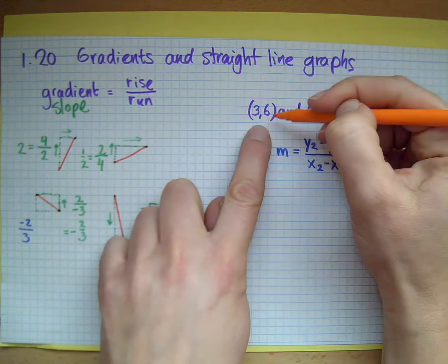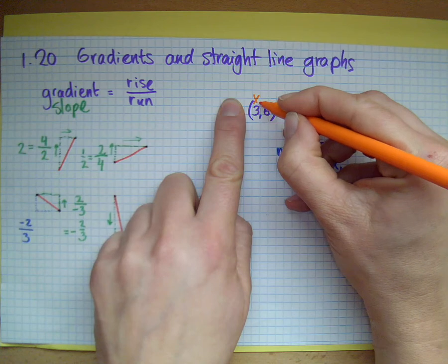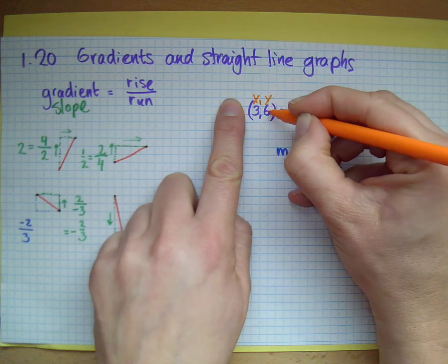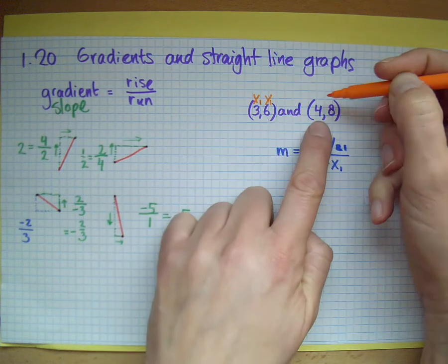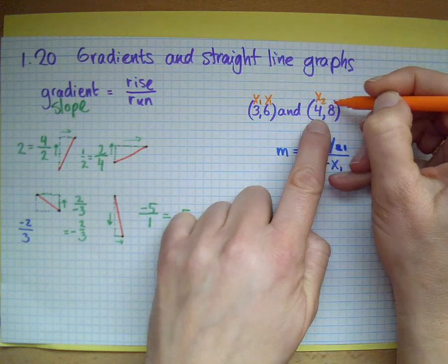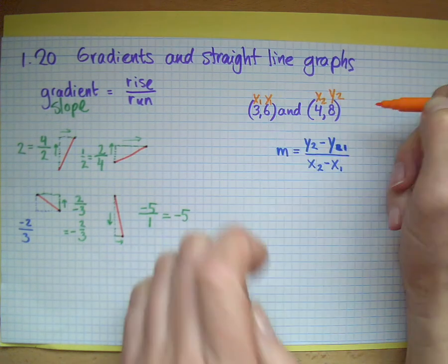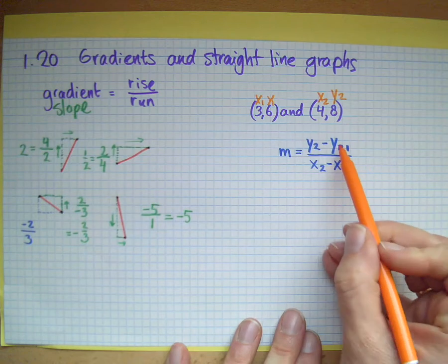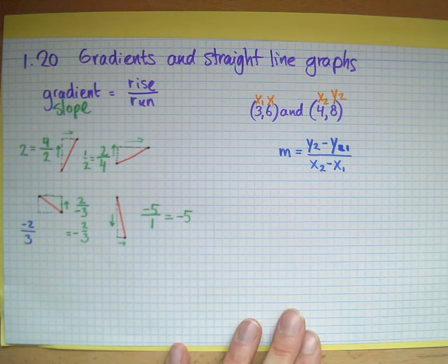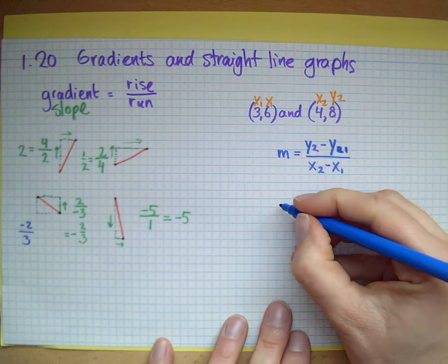Okay, I'll show you. Let's say this is our first coordinate, so this 3 would be x1, the 6 would be y1. This is our second coordinate, so this is x2, and this is y2. If we plug in these numbers into this formula, it will give us m, the slope. Watch.